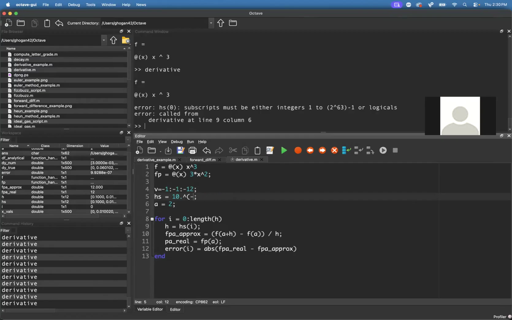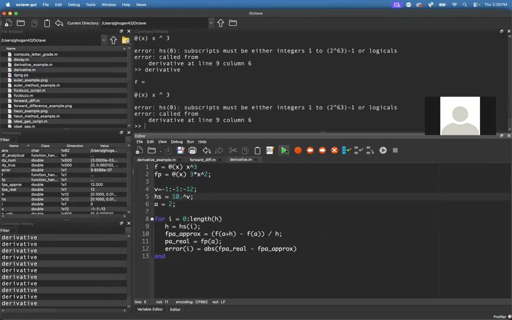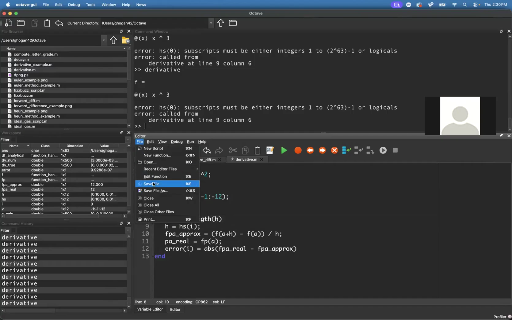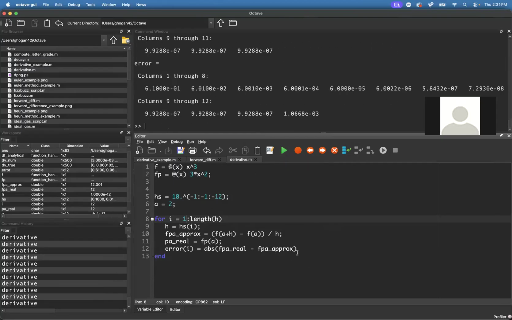I didn't read that error very carefully. Let's see. Okay, same thing. hs(0) subscripts. Oh, yeah, sorry. This is just me forgetting what programming language we're doing. We can back this up. Sorry, that's my mistake. Indexing in MATLAB starts at 1. So I tried to start at 0, like we would in Java or C++. Okay, let's try this again. Right. Okay, so that runs. We probably could have semicolons there.